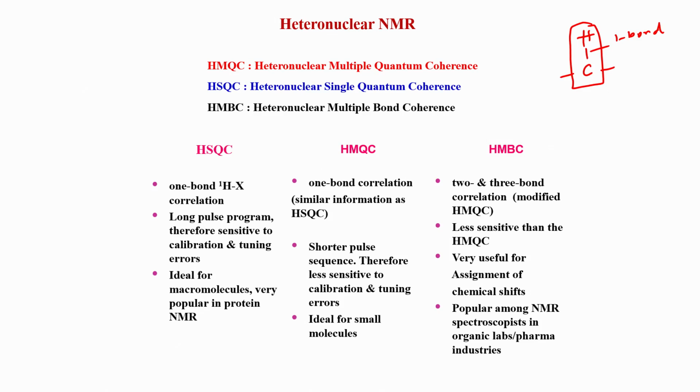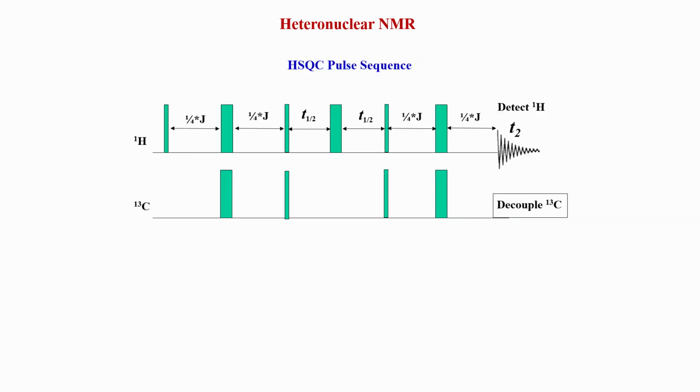So, let us look at HSQC. Let us start from the HSQC experiment. That is the pulse sequence shown here now. Remember, a pulse sequence is nothing but a sequence of pulses applied with specific gaps in between. What we saw in the very beginning was only a 1D experiment.